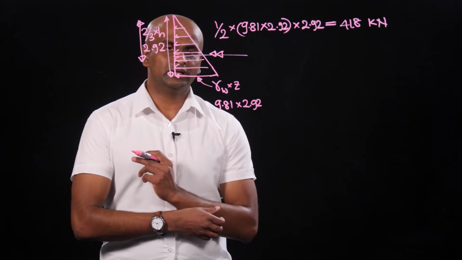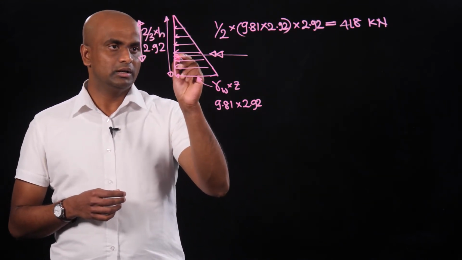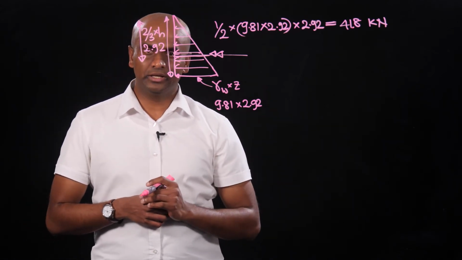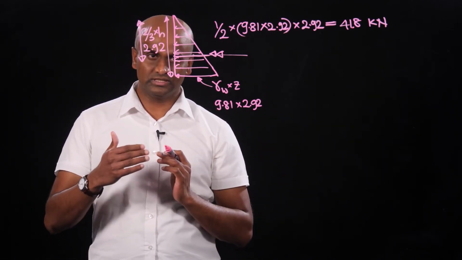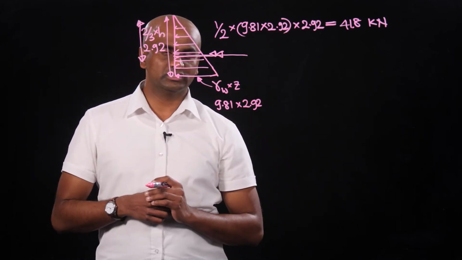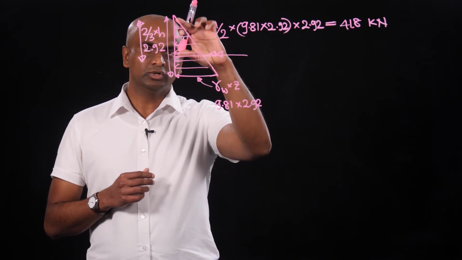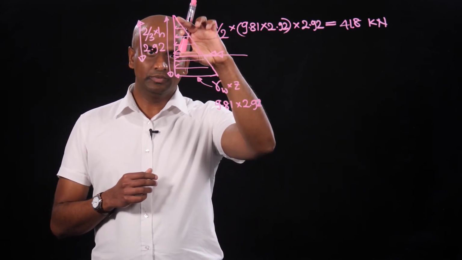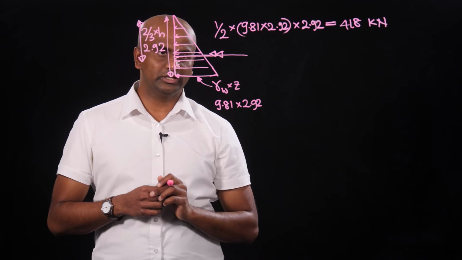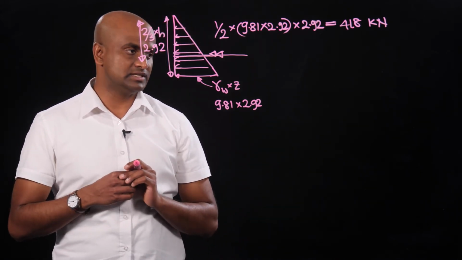However, when you are going to calculate the disturbing moment, you will need to know the perpendicular distance from the center of this circle to this force. Therefore, we know that from the top of the slope it will be 2/3 of 2.92, but we also need to calculate the distance from the center.